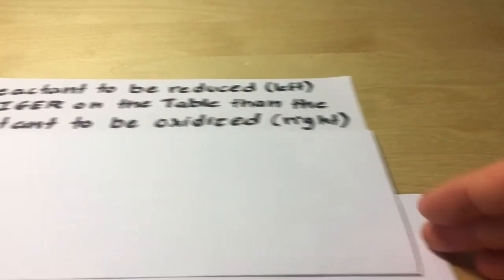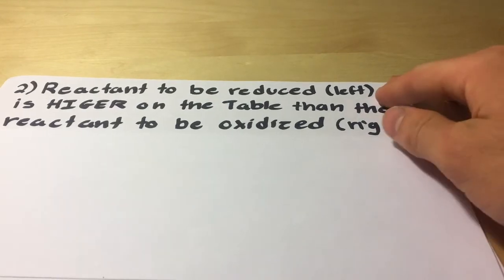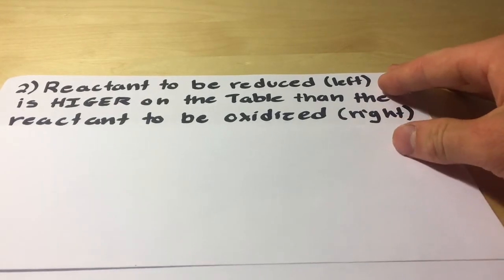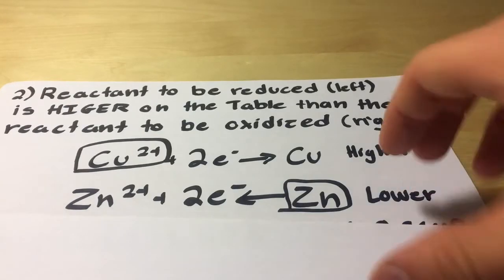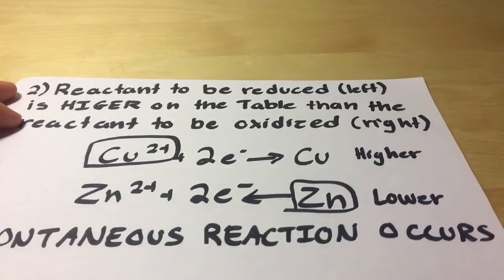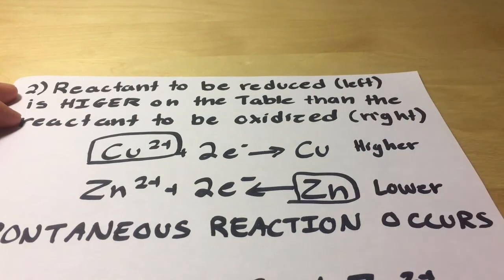Now, the second of these two cases is if the reactant to be reduced on the left-hand side is higher on the table than the reactant to be oxidized on the right-hand side, then a spontaneous reaction will occur. Let's look at a visual. Now, last time, copper was being oxidized and zinc was being reduced.